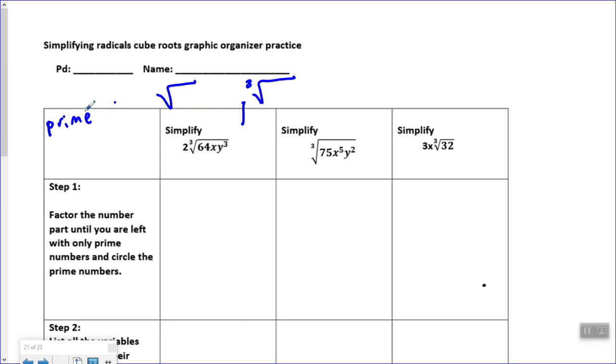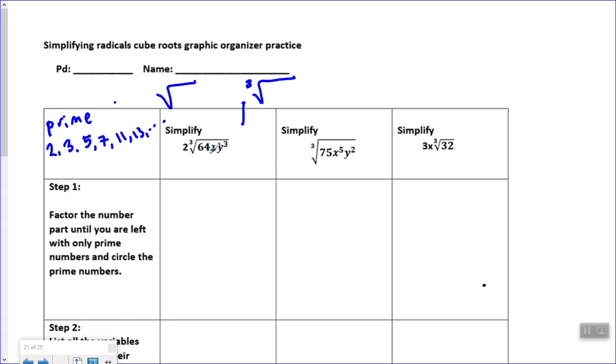Prime numbers are numbers that have only 2 factors, so they cannot be divided anymore except by 1 and itself. So 2, 3, 5, 7, 11, 13, and it goes on. But you have to know at least 2, 3, 5, 7, 11, 13. You will often see 2, 3, 5 used often.